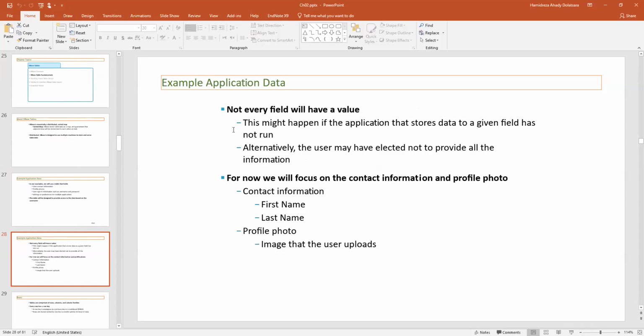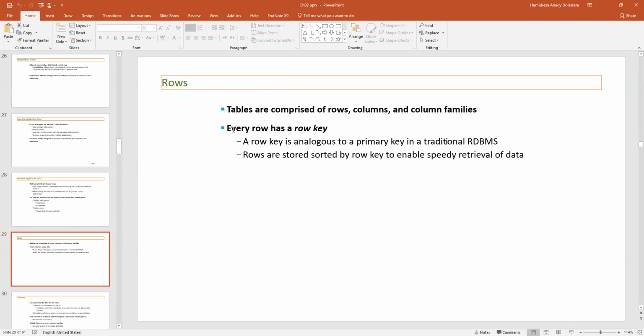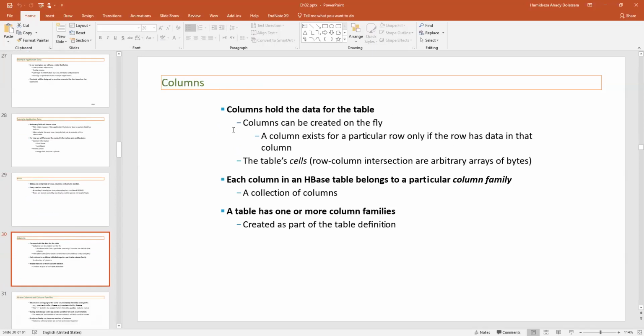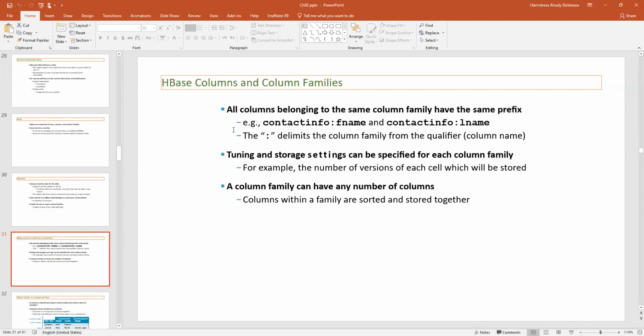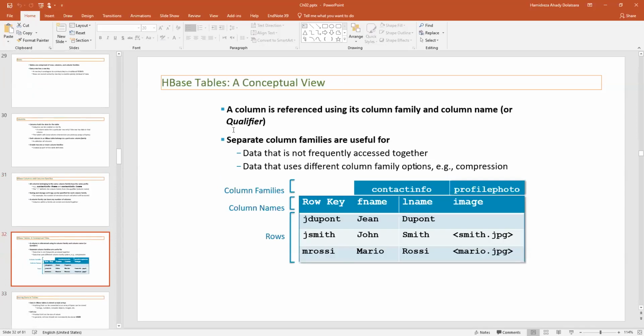These are the family names. I just recommend you skim through them. I just need you to have a general idea about the HBase structure. I don't evaluate you on memorizing them, but go through them and see how they work. This is one example of column families.